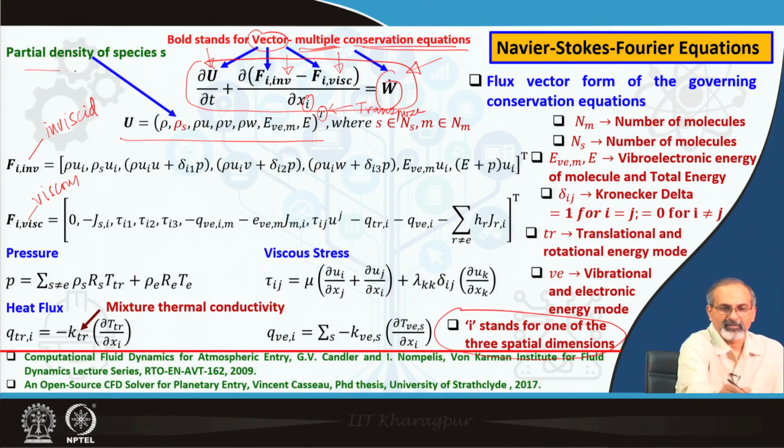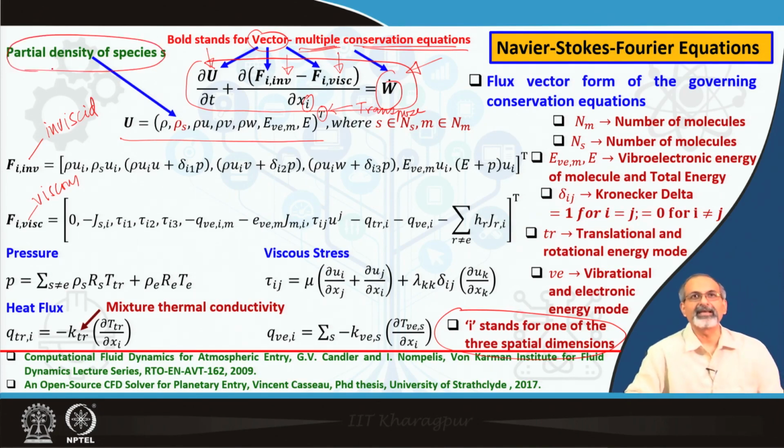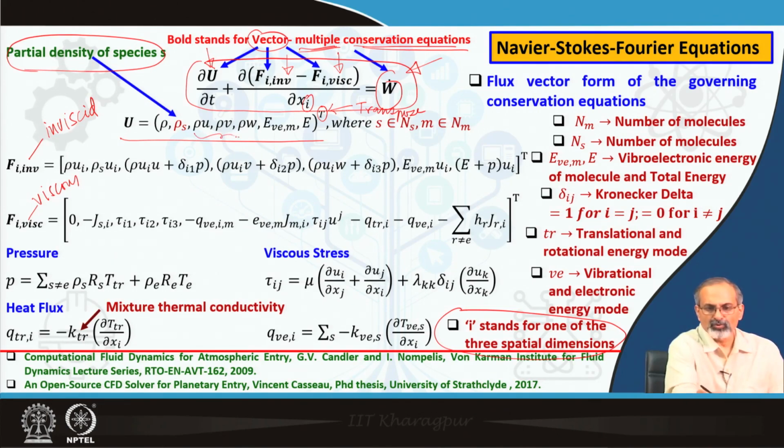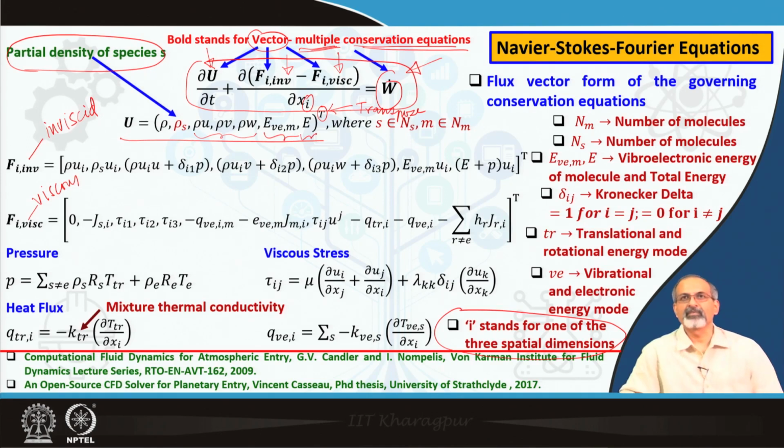Rho s is nothing but the partial density of species s. The subscript s will be used for addressing the different species which exist within the reacting gas mixture. Then rho u, rho v, rho w, and E_VE, E.